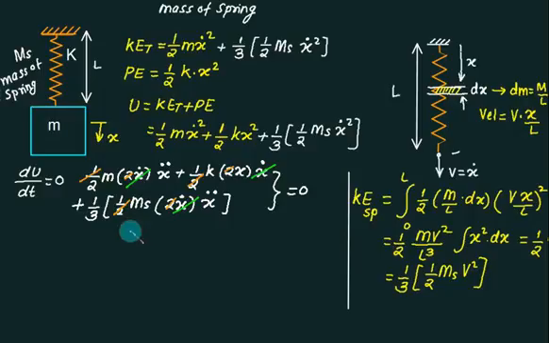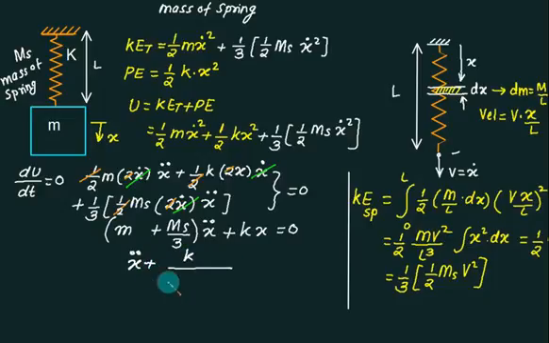So what is left is m x double dot plus ms by 3 x double dot. This is a common quantity for x double dot, so I will keep it in one bracket, plus k into x. Therefore our standard equation takes the form m plus ms by 3 into x double dot plus k into x equals 0, that is x double dot plus k divided by m plus ms by 3 into x equals 0.